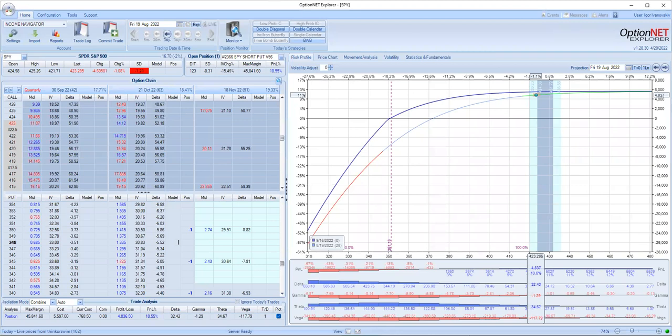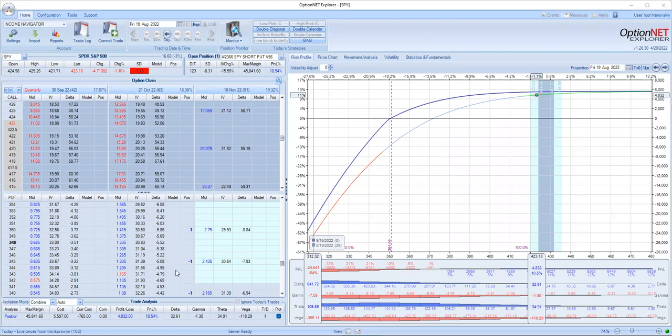Let's see what 348 is going for, $1.33. I'm going to sell one. All right, so filled for $1.33.